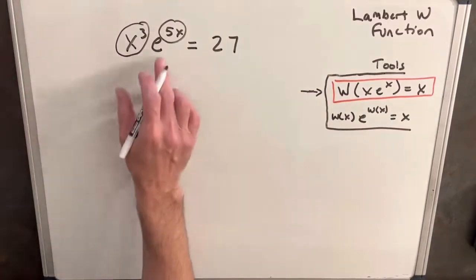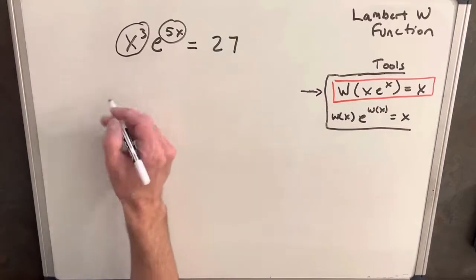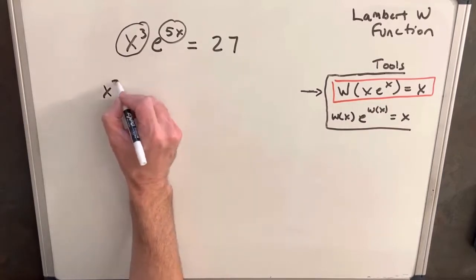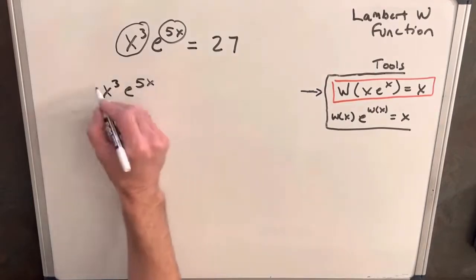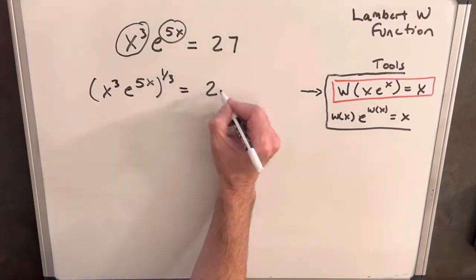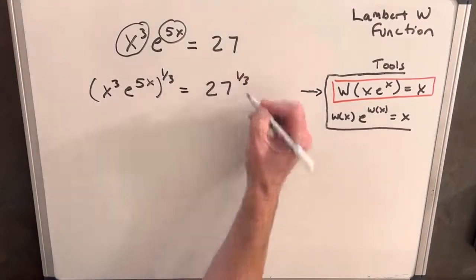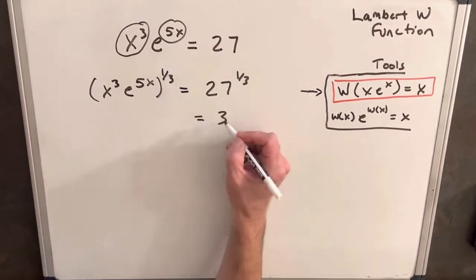What we can do actually is take the third root on both sides, take a cube root on both sides, and we'll just write it as a third. So rewriting this, we'll have x cubed e to the 5x to the 1/3, and on the right side we'll have 27 to the 1/3. The cube root of 27 is just 3.